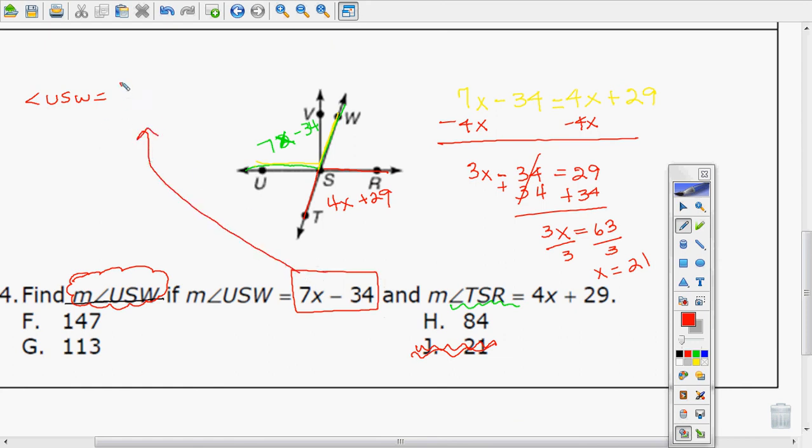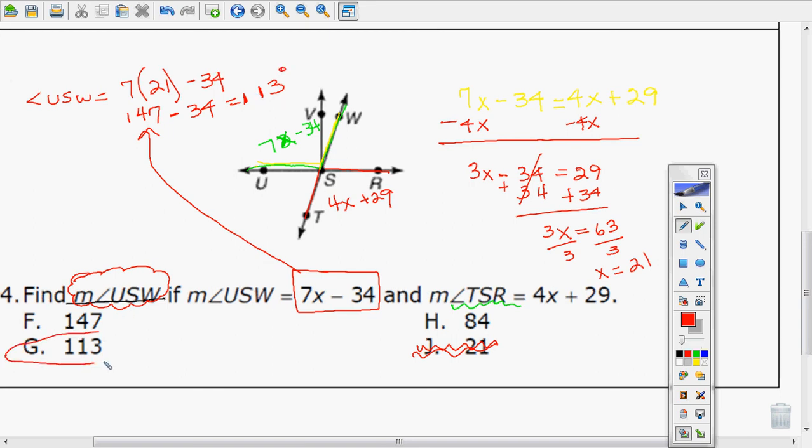Since I now know x, I can plug it in. 7 times 21 is 147. Subtract 34. And we get 113 degrees. And that is my answer.